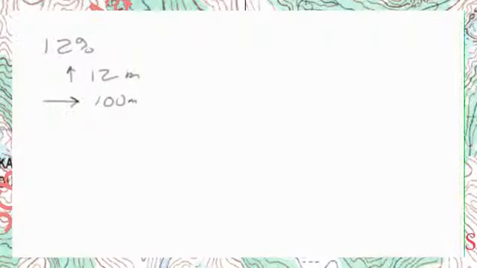So gradient, that's not the way you spell gradient, is equal to 12 divided by 100, which is equal to 12%. I don't think we need a calculator to do that.